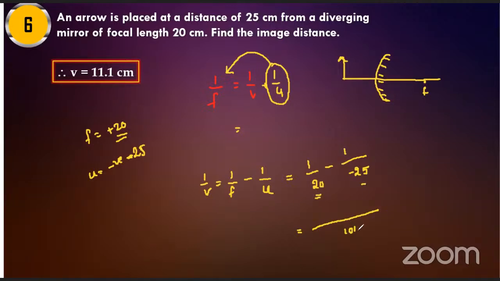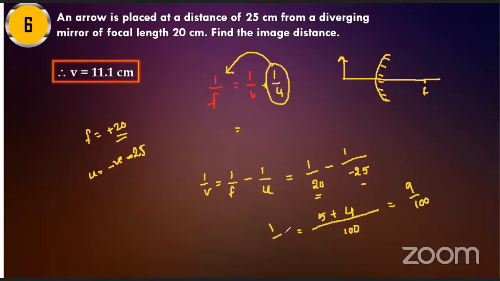How many times 20 is 100? 5 times. Minus into minus is plus. How many times 25 is 100? 4 times. That equals 9 by 100.